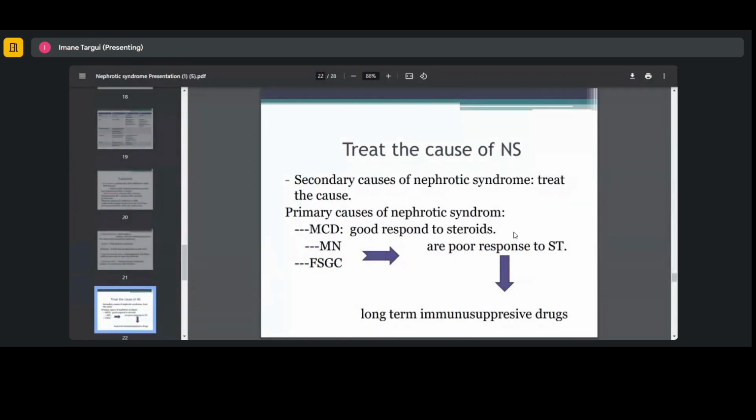Treat the cause of nephrotic syndrome. For secondary causes of nephrotic syndrome, treat the cause. For primary causes of nephrotic syndrome, we have minimal change disease, with a good response to steroids; they respond quickly, but the others are poor responders to steroids, so they need long term immunosuppressive drugs.